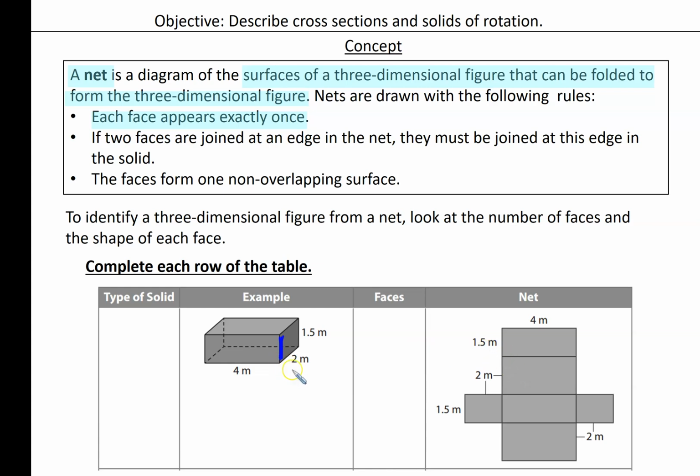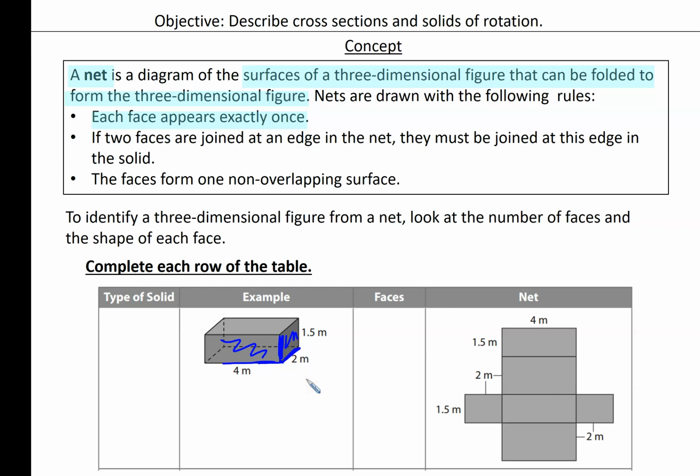So like here, the 4 meters and the 2 meters, they meet at this point. Here, this side right here and this side right here meet at this edge. So we would be looking at all of that so that they are all connected to each other.